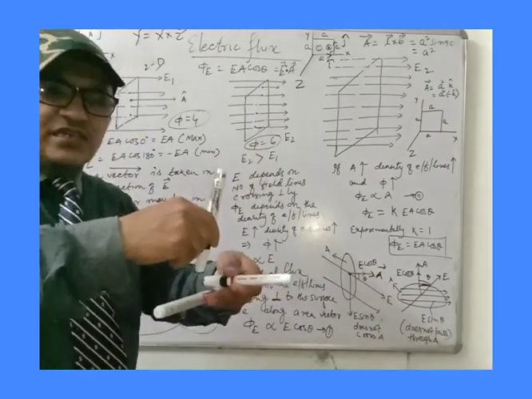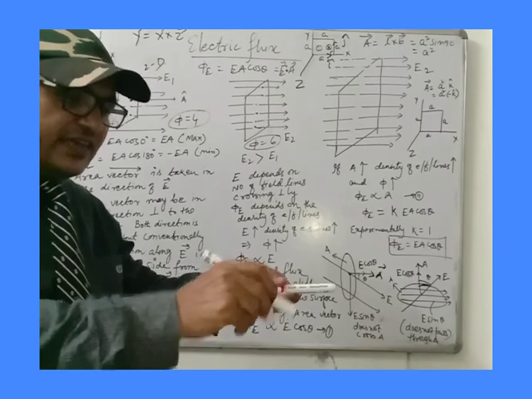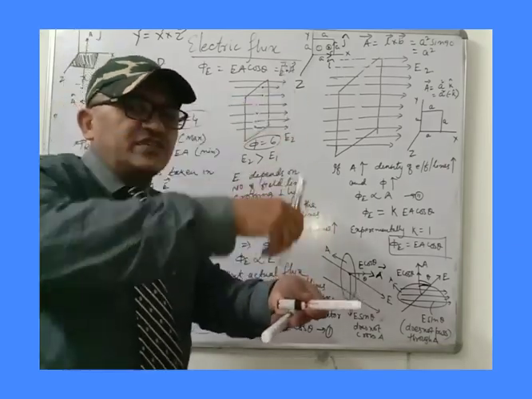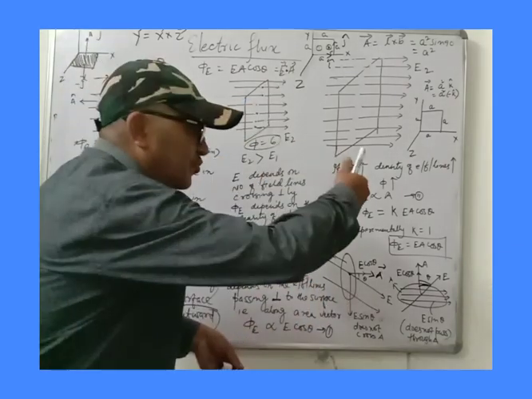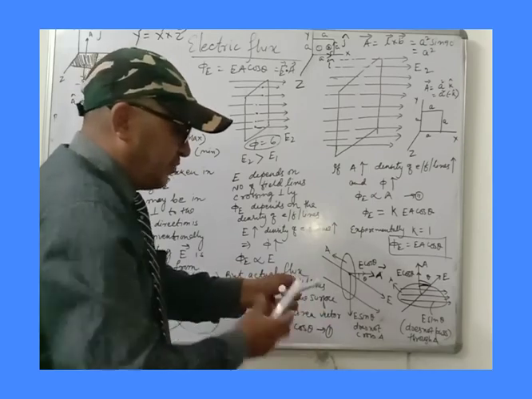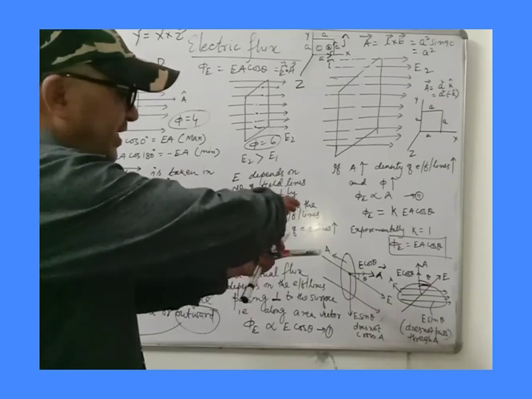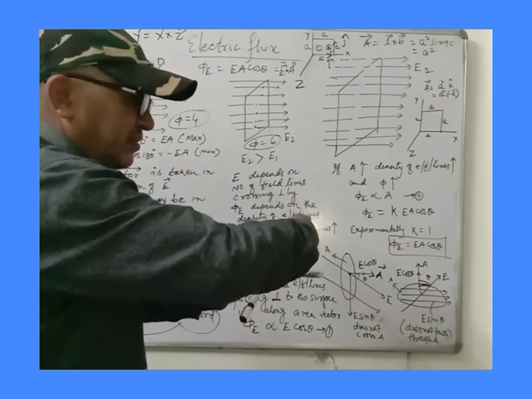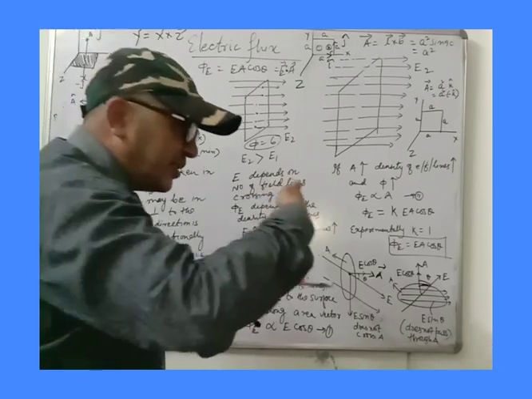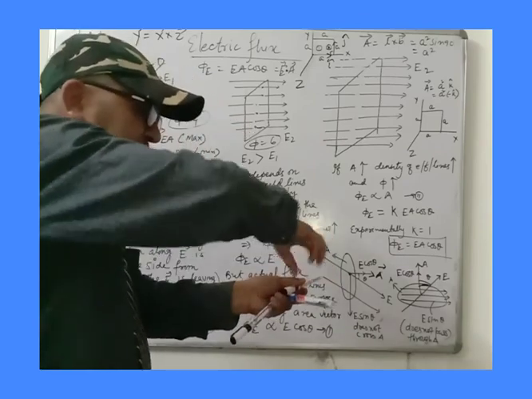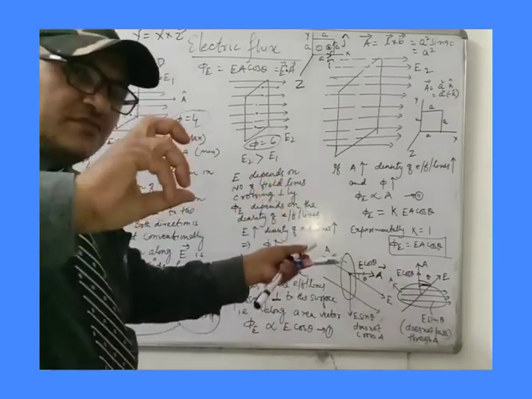A cross B equals C. If it is A, it is B, this has to be C. Right hand screw rule. Suppose this is A, this is B. If you rotate from A to B, then the screw will go inside. If you rotate B to A, the screw will come out.